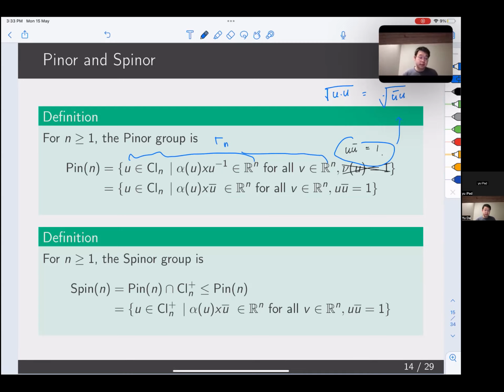And then for the spin group, the definition is that it should be inside Pin n, but it's also inside CON plus. So we have the extra condition that U is inside CON plus.